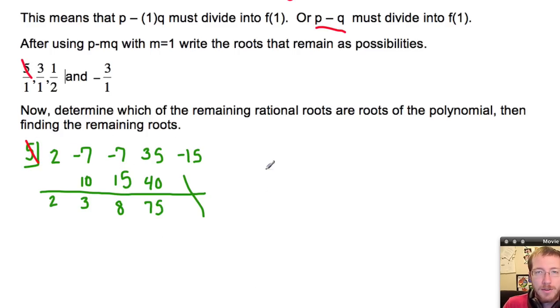Okay, let's try another one. Let's try 3. Okay, so 3, again, we've got 2, -7, -7, 35, and -15.